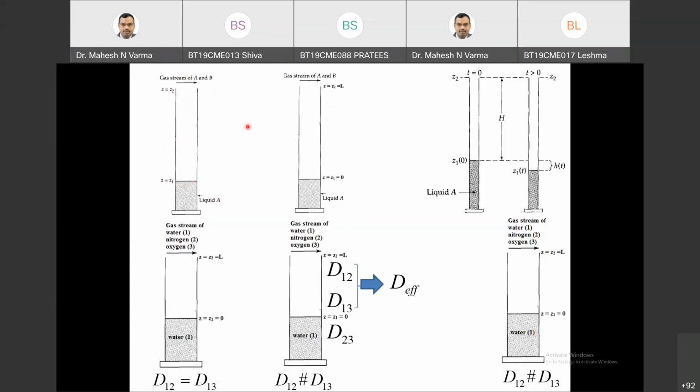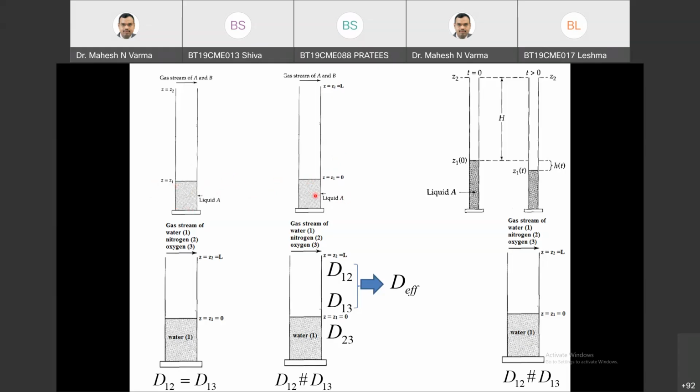And then the second case. This case and this case are exactly similar, only there is a notation difference. Instead of having the origin here, we can select the origin here.